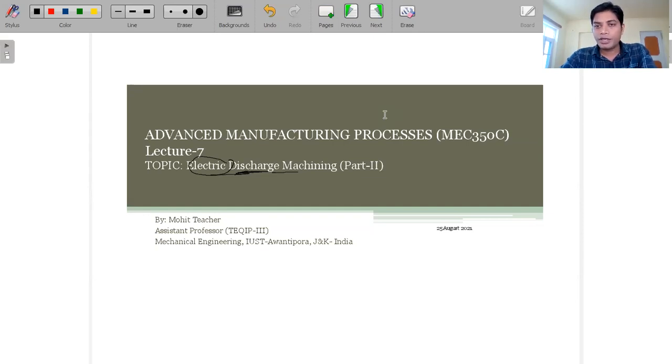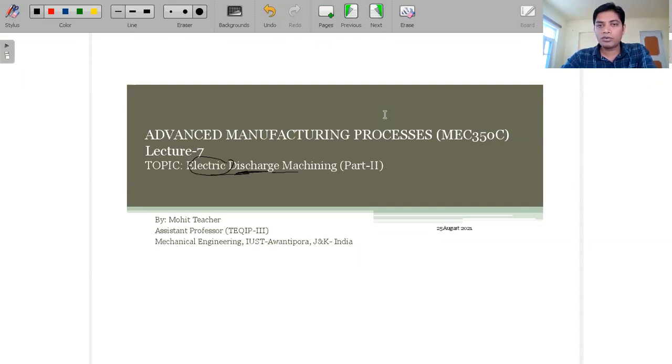Today we are going to discuss the material removal rate, as well as the characteristics or functionality required for the dielectric fluid and the tool electrodes, because here material is also removed from the tool. It's not that 100% of the material is removed from the workpiece. Since the spark is generated between the tool and the workpiece, there will definitely be wear on the tool side, which we have to keep in mind.